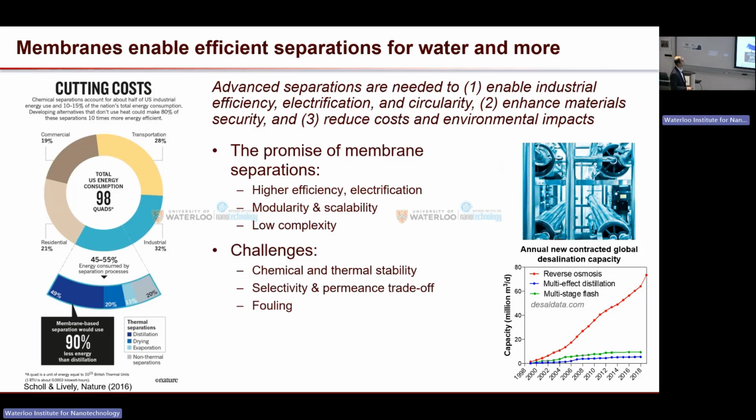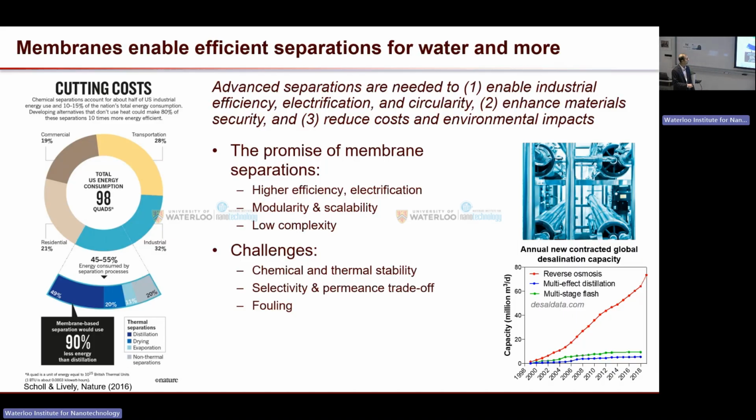One is there are chemical and thermal stability issues. So in many cases of industrial separations, you can't operate membranes because they can't withstand the conditions. There's selectivity and permeance. Selectivity is to what extent the membrane lets what you want pass through go through and retains what it doesn't. And permeance is how much resistance it offers to the flow.